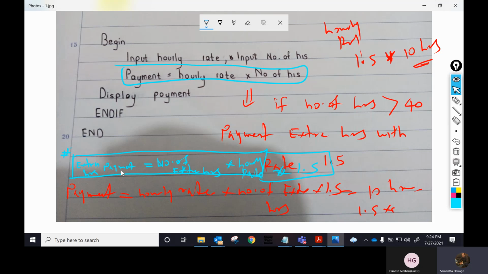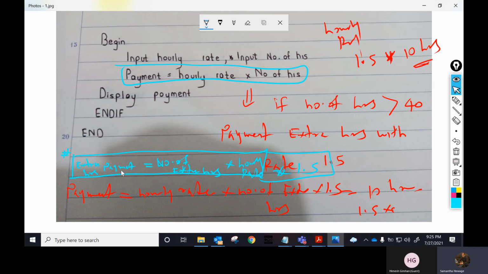That was my question. So then you have to think, okay, sir is working 50 hours. But here with this condition, first we have to find the 40 hours. For the 40 hours, normal payment: hourly rate into number of hours. That is for the 40 hours, according to this program. Then I am working 50 hours, that means I am working additional 10 hours, because I am working more than 40 hours.